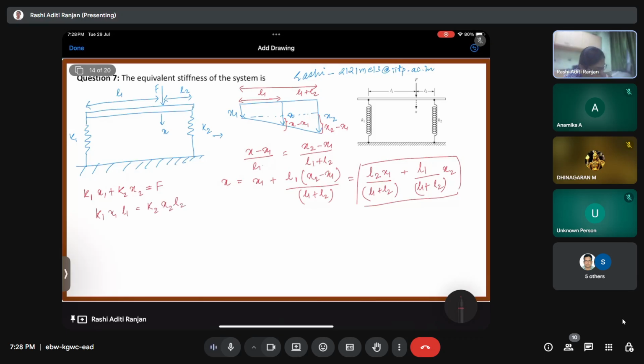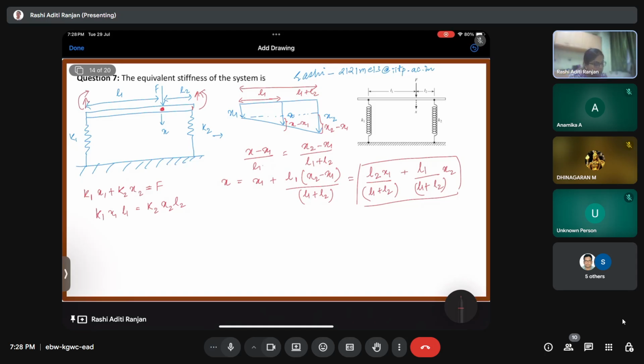Because if you see over here, this spring is going to apply a force in the upward direction. This is also going to apply a force in the upward direction. If we take the center, this is going to create an anticlockwise moment. This is going to create a clockwise moment. So the opposite moments are going to balance each other.